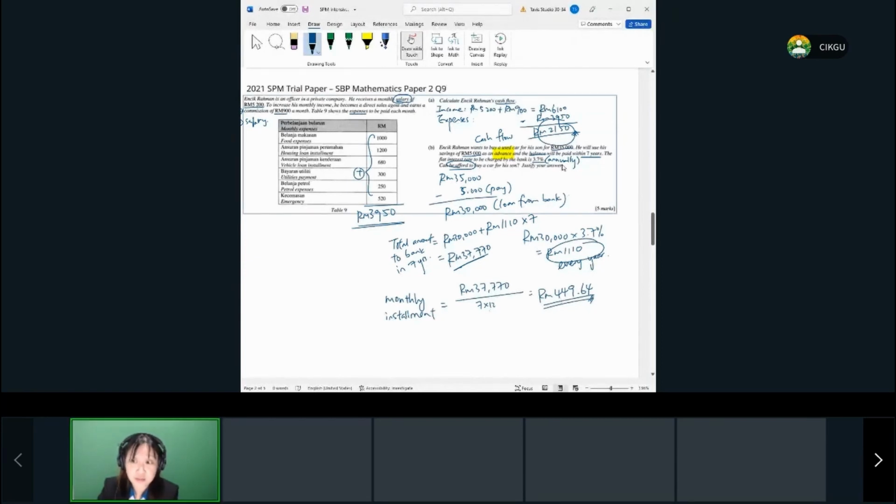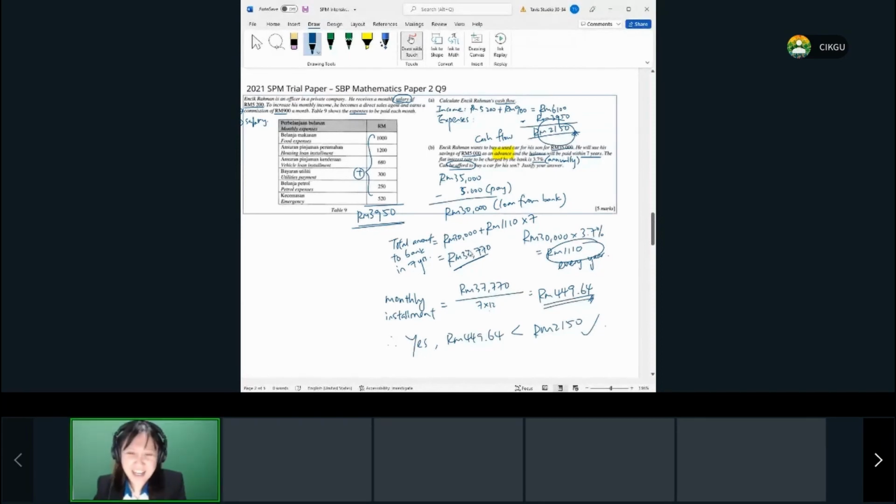Still left with 1,000 something cash flow. Not bad one. Therefore my answer is yes, he can afford because 449.64 is less than the cash flow. So can pay back.